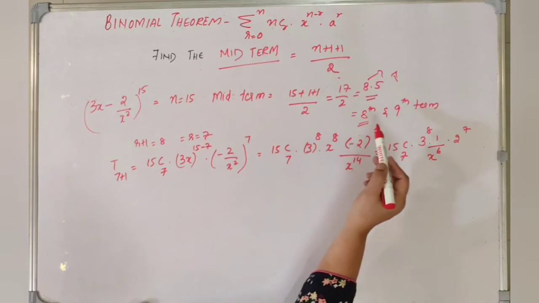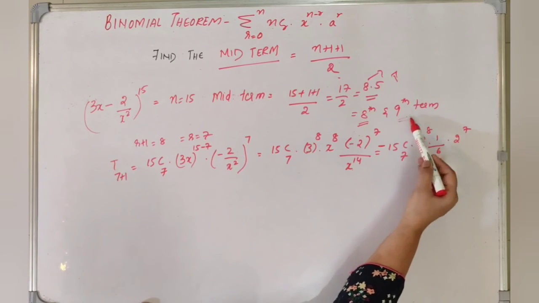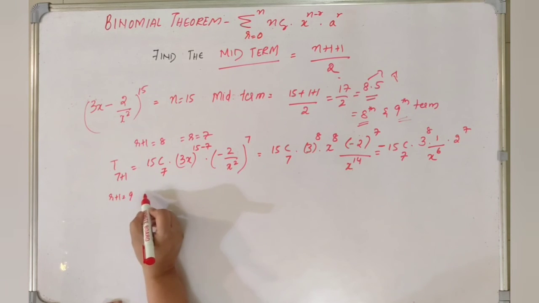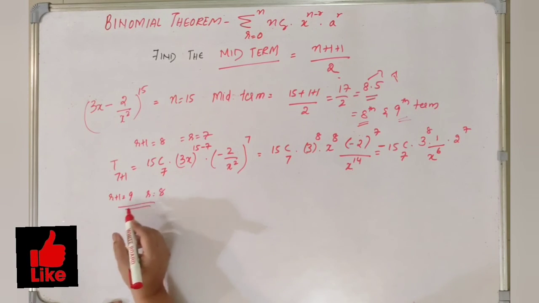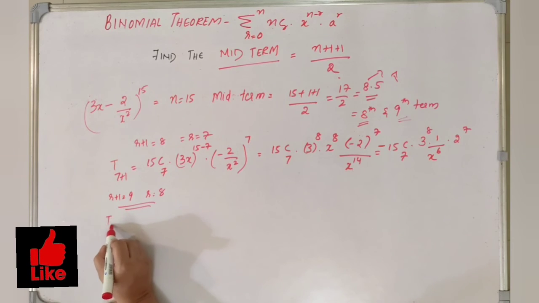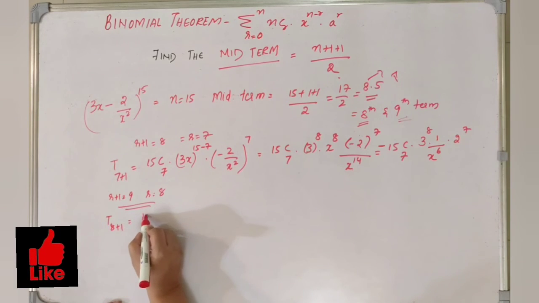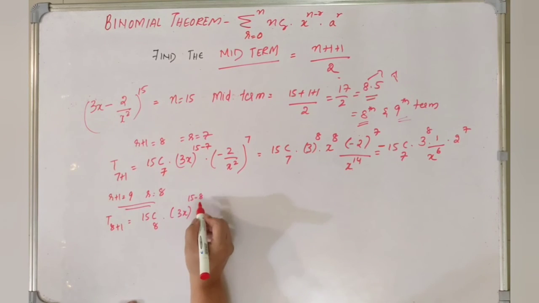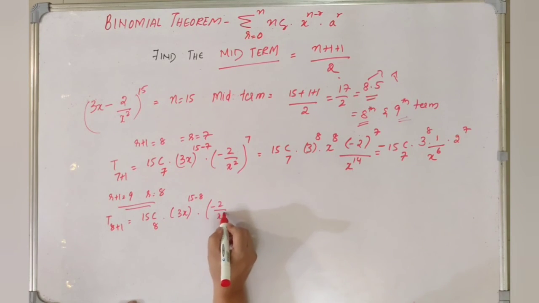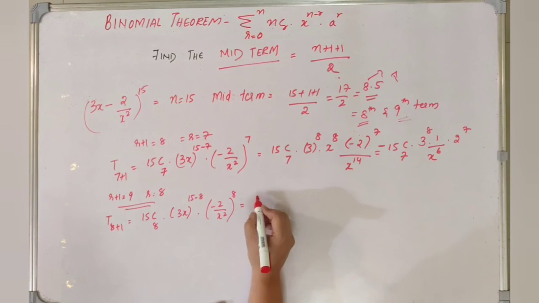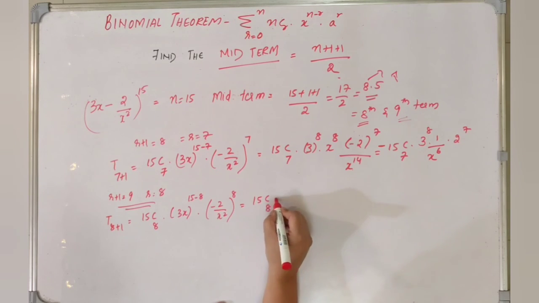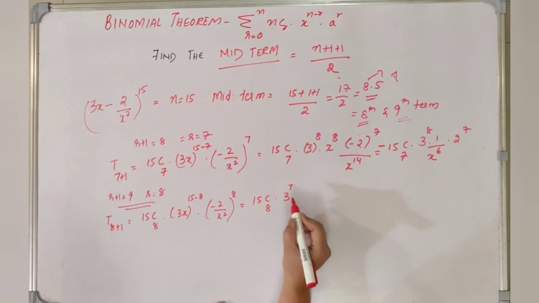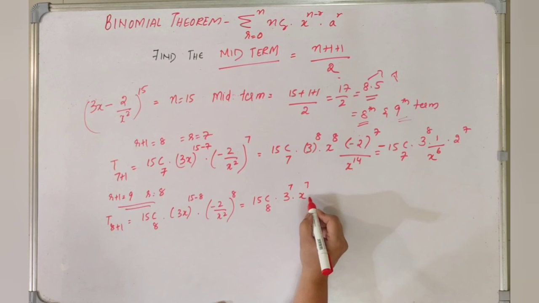Now let's find the second middle term, which is the ninth term. Here r + 1 is 9, which means r is equal to 8. So what do we get? T(8+1) is 15C8 into 3x to the power 15 minus 8 into (-2 / x squared) to the power 8. So we get 15C8 into 3 to the power 15 minus 8, which is 7, into x to the power 7.